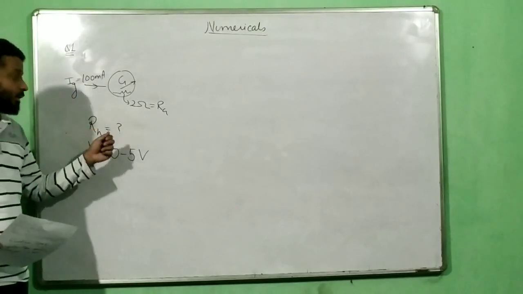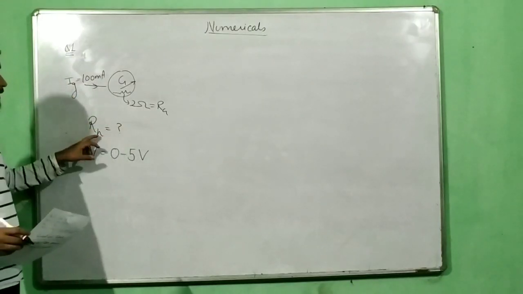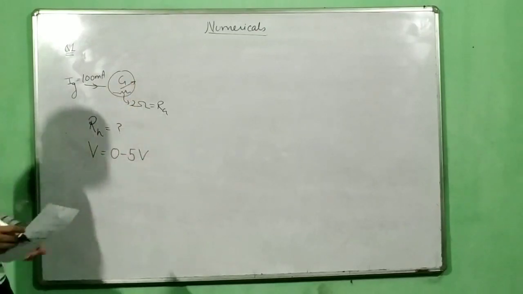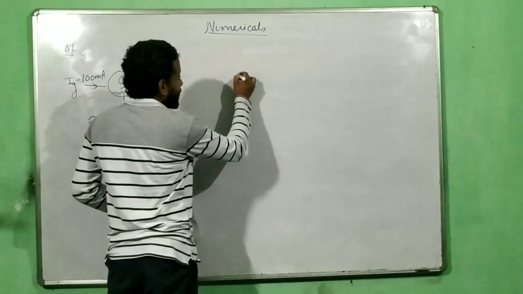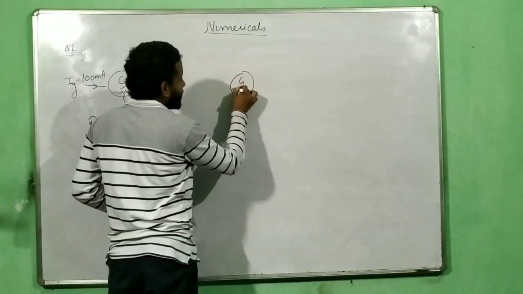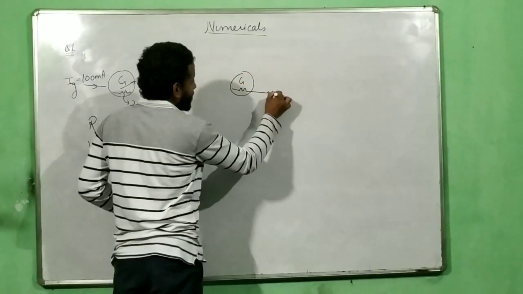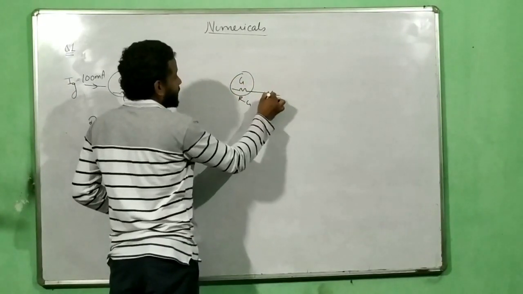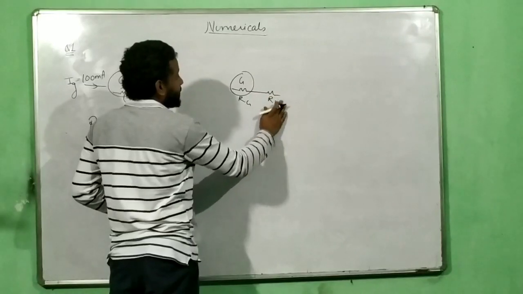And if you do remember, in a voltmeter we connect the resistance in series with the galvanometer. So if I consider this to be my galvanometer with Rg, and this is my Rh, both will be in series.